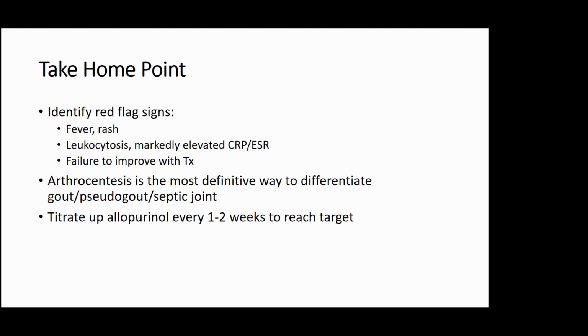And with that, you always want to make sure that you are adjusting the dose to the renal function, because it's not uncommon that patients with renal insufficiency still get 300 milligrams of allopurinol, and then you add an interstitial nephritis to their already failing kidneys, and that's not good. So you want to make sure the dose is adjusted to the renal function.